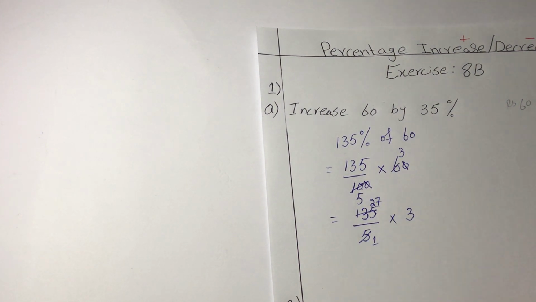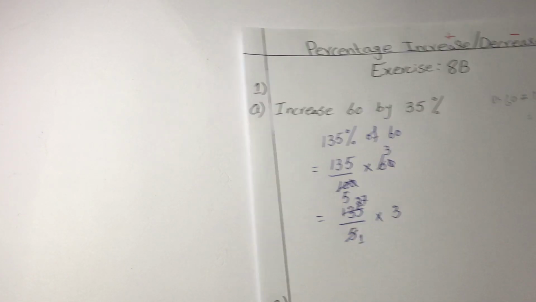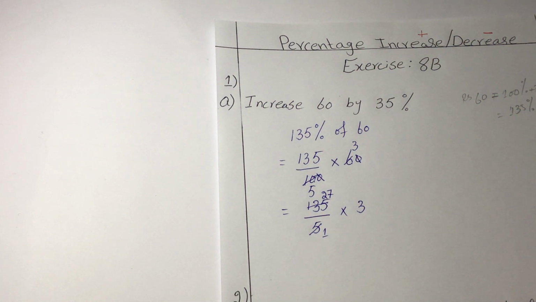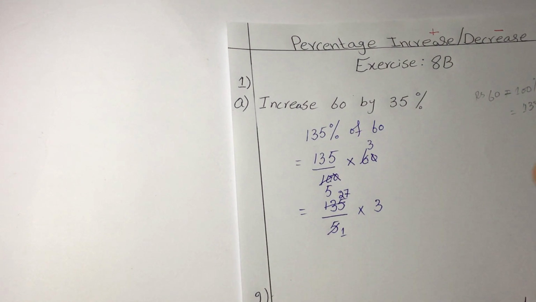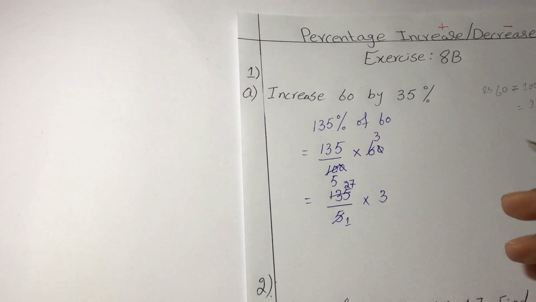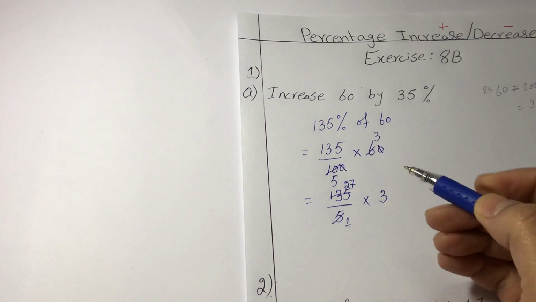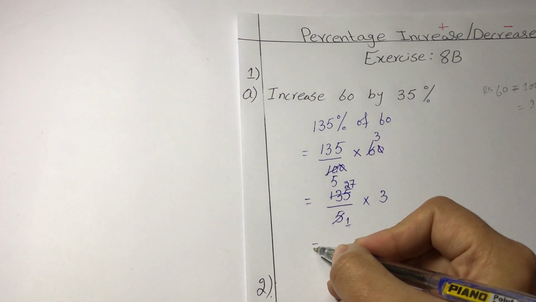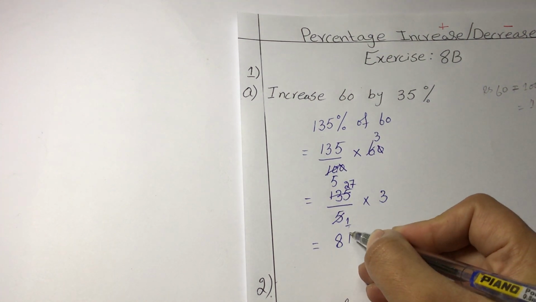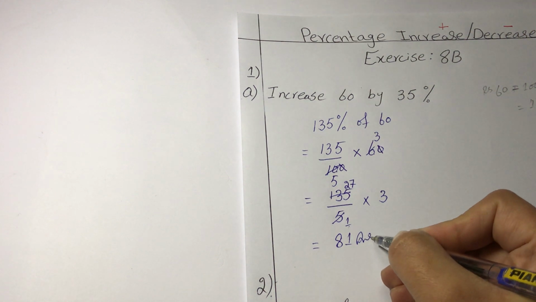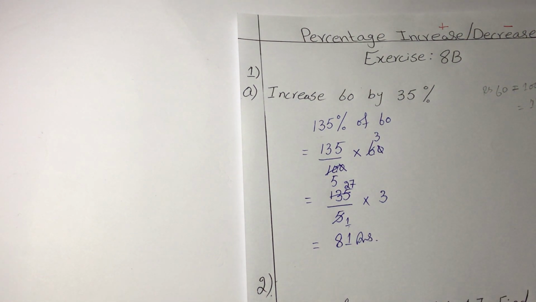If you can do the simplification directly, well and good. If you can't do it directly, make a column on your right hand side and do the division in that column, right? Now I am left with 27 multiplied by 3 over 1. So 27 3s are 81, and 81 over 1 is 81, right?